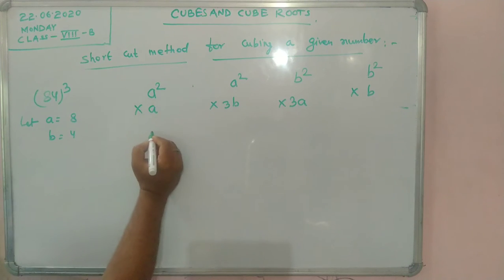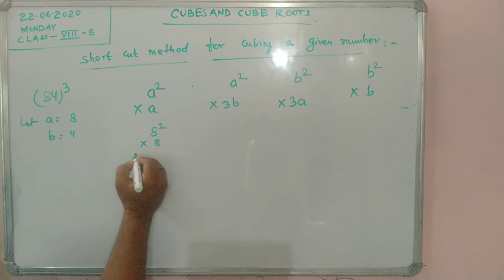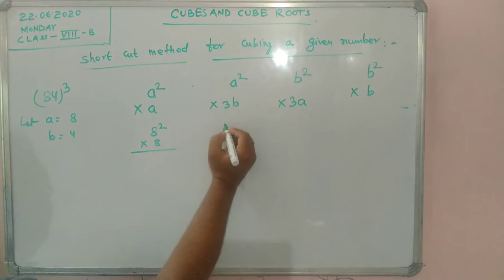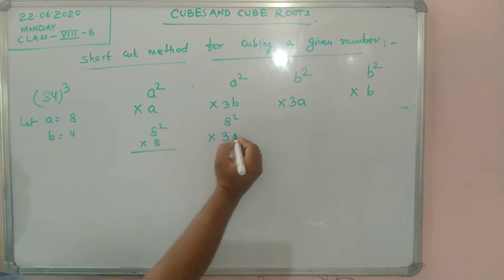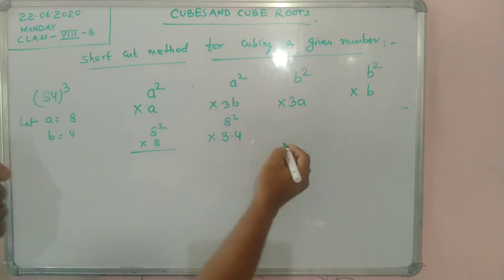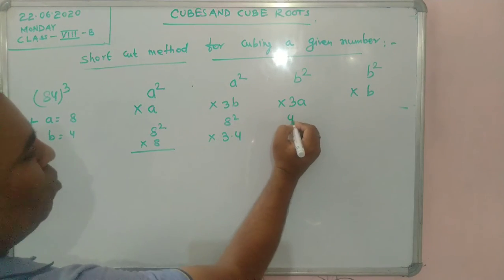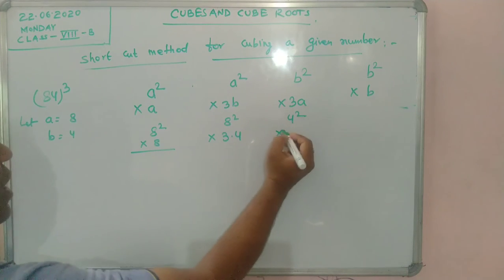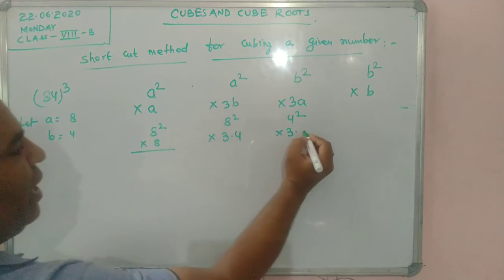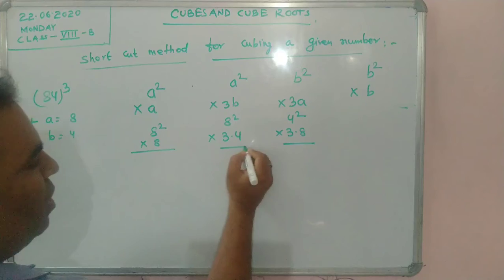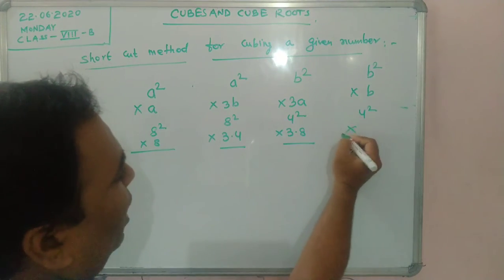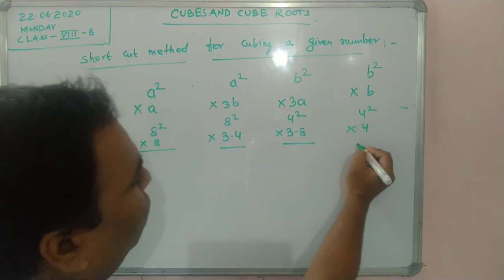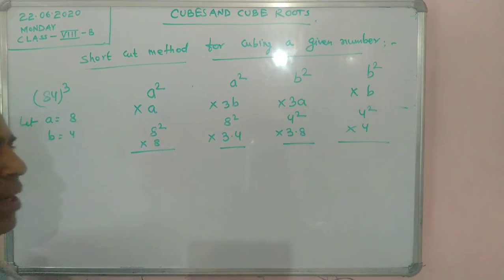So A is 8, so it is 8 square into 8. Now A square, that means 8 square into 3B, 3 into 4. B square means 4 square into 3A, so 3 into 8. B square again is 4 square into B, that means 4.